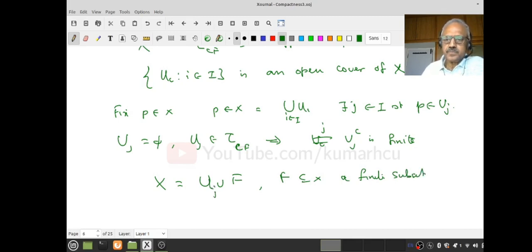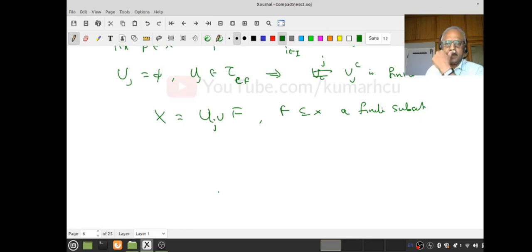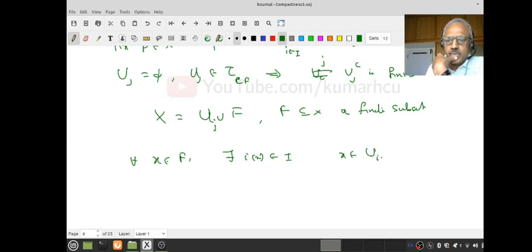Now for each x in F there exists i_x in I so that x belongs to U_{i_x}, and that is contained in the union of U_i, which is equal to X.